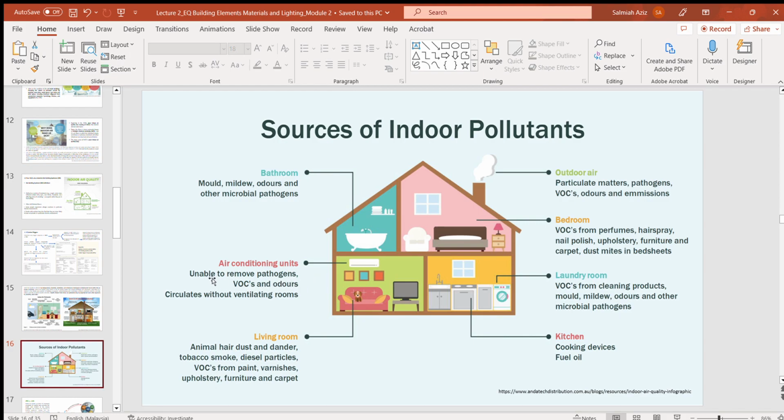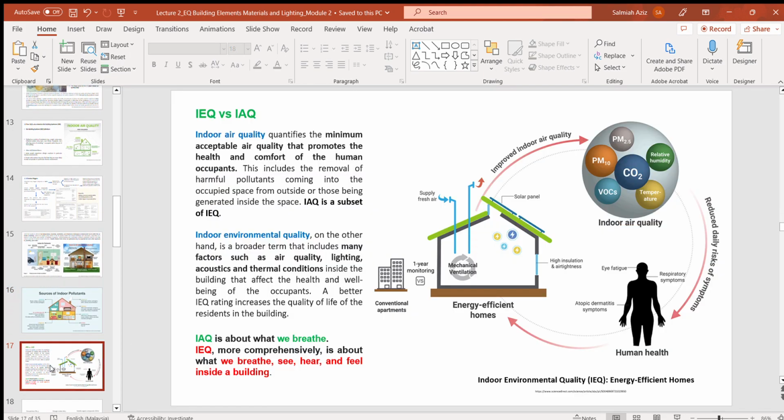Unable to remove pathogens, VOCs and odors circulate without ventilating rooms, living room, animal hair, dust, tobacco smoke, diesel particles, and so on. For the others, you can check on your own and study for preparing for the assessment later on.